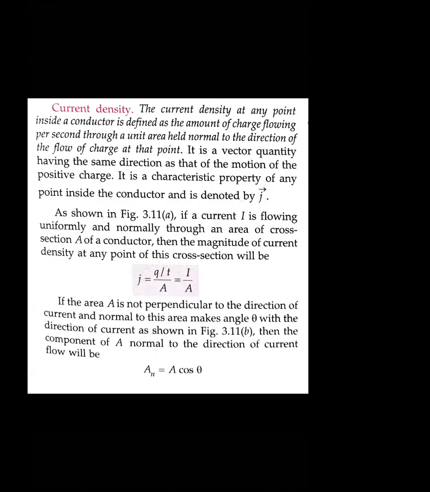For example, here this is a conductor which I am drawing, right? This is a wire which I have zoomed. Now inside this wire, I am taking this small cross section. I have selected a very small cross section inside the conductor, right?